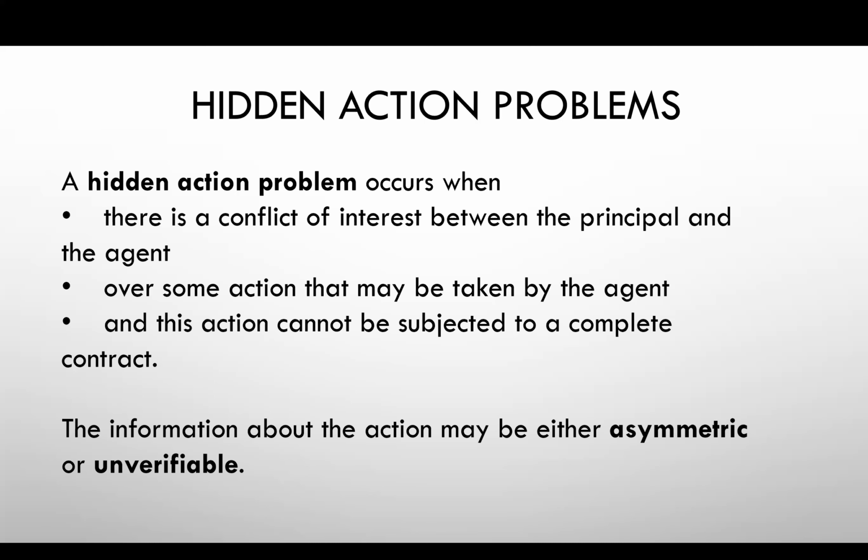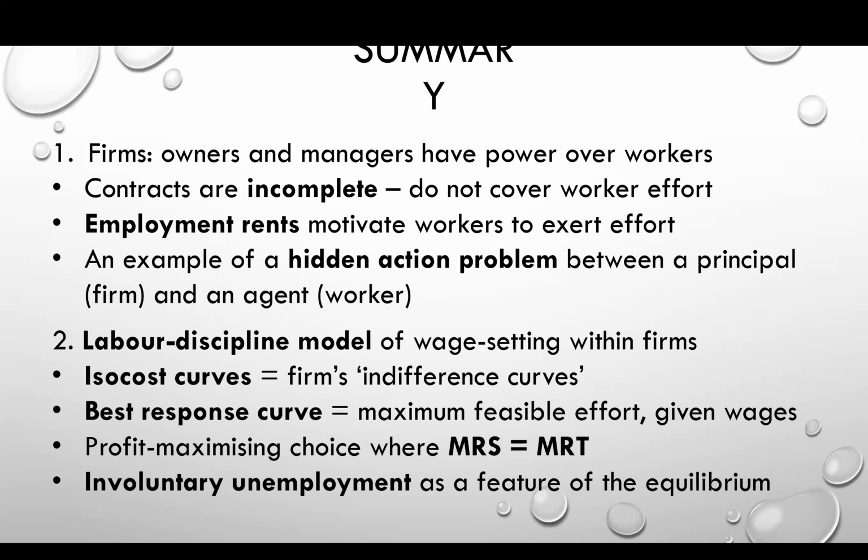The information about the action may be asymmetric, so one party knows more than the other, or some of the information is not conveyed, or unverifiable. So you may state that you have a very good work ethic and you're going to provide value to the firm, but the employer doesn't know that and they can't take you up on your word because they can't verify it.